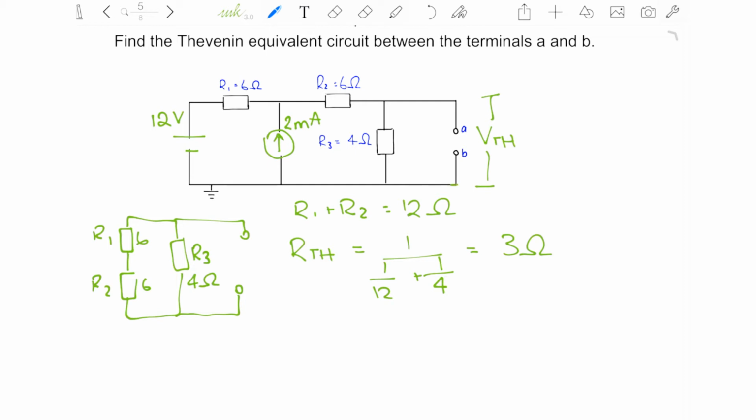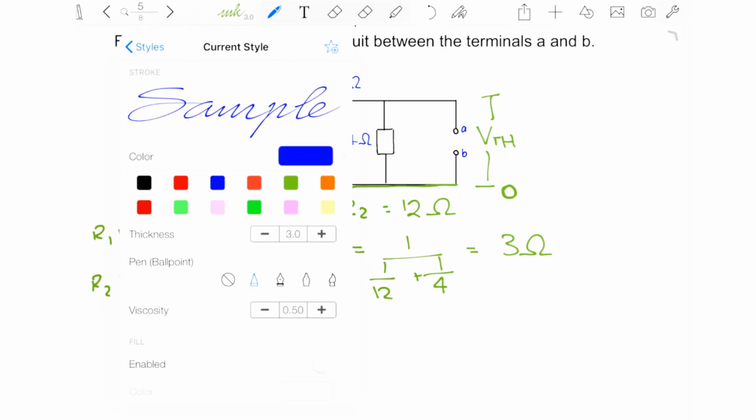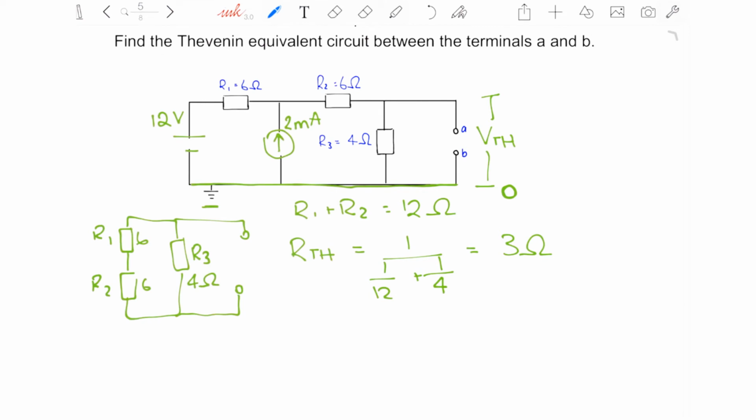The point down here, its voltage will be 0 because of the ground down here. So we have two nodes in this circuit. I'll use red. We have V1 and we have V2. So we're going to have to calculate V1 and V2 using nodal analysis.